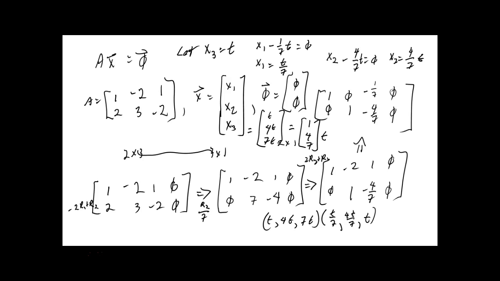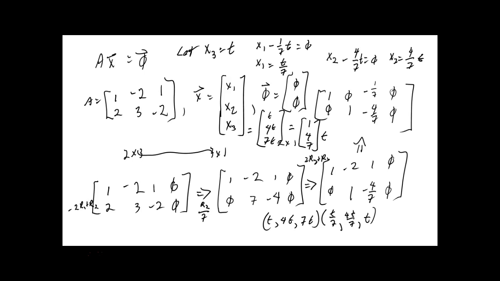Any scalar multiple of that column matrix would be a solution, including 0, 0, 0, which you know has to be a solution, because obviously the trivial solution will work, and the trivial solution is part of that.